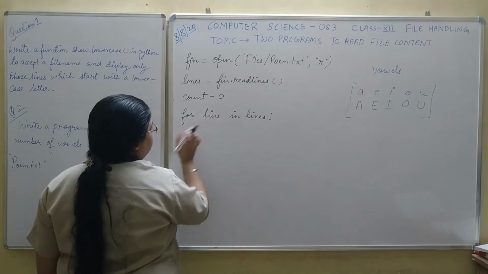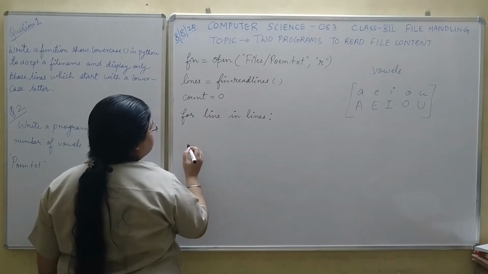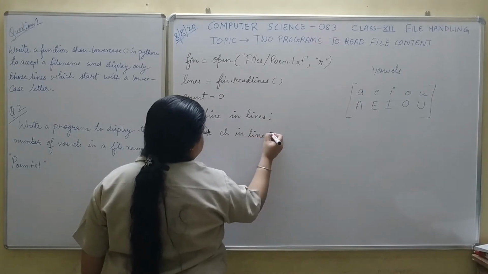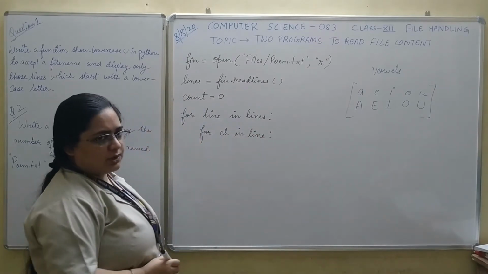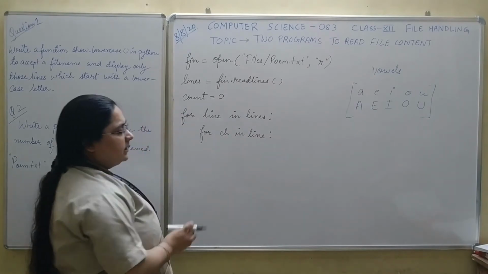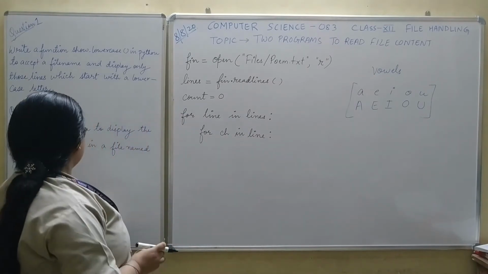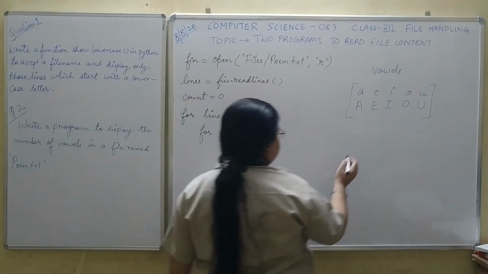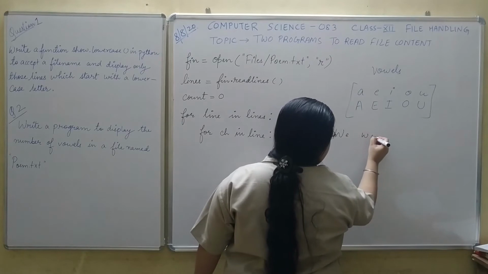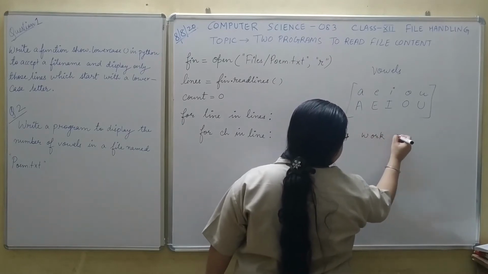So now when we have read one line, we can write for ch in line. Now ch will extract one character from the line. Suppose the line was, we work very hard.